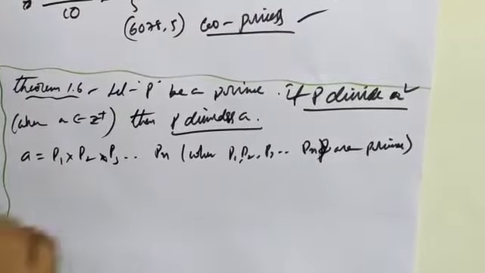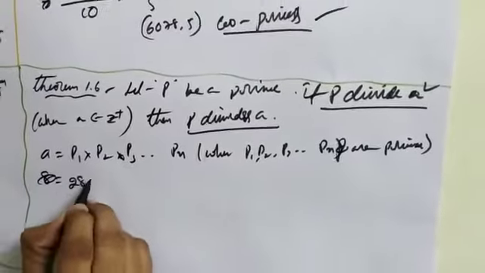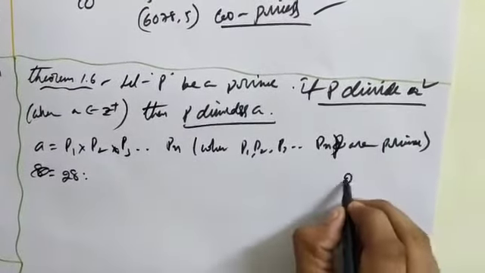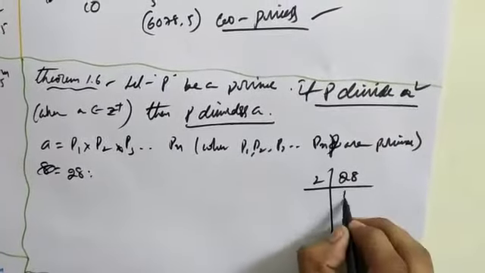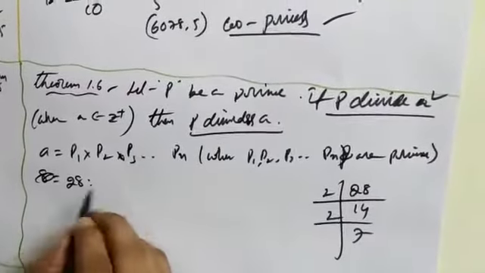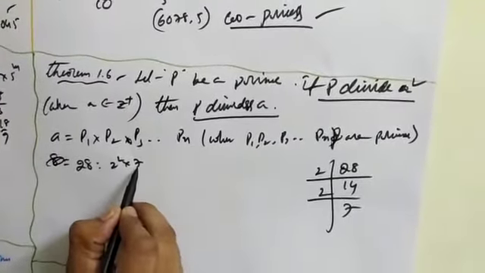For example, take 28. What are the factors in the prime factorization? The only even prime is 2. 28 is 14 into 2, which is 2 square into 7. 2 is a prime number, 7 is a prime number.